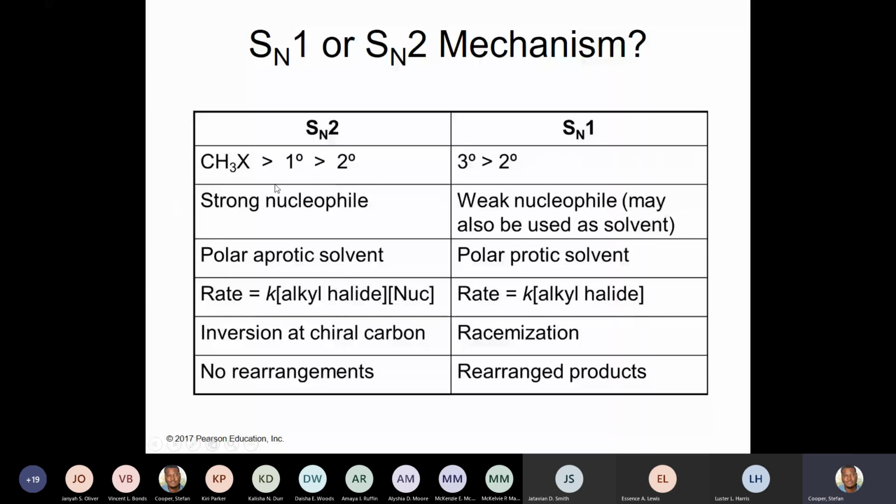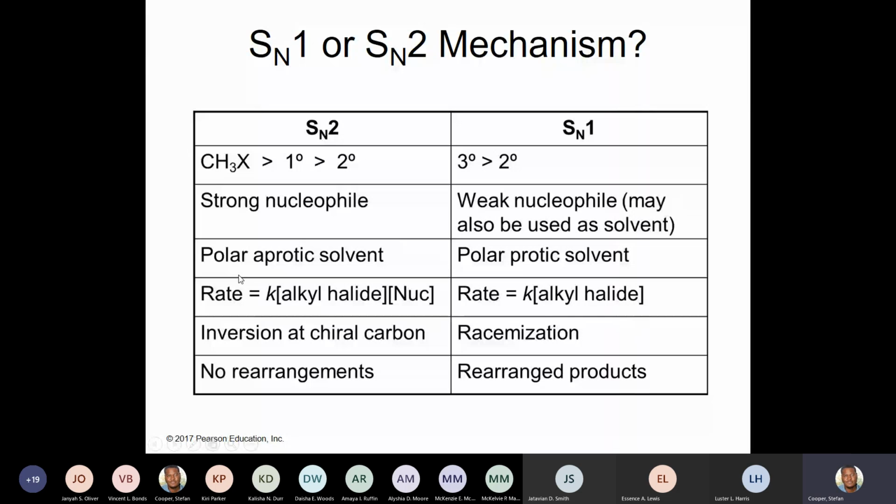The second clue is the nucleophile. For SN2, you always need a strong nucleophile. There's no way to do an SN2 without a strong one. And SN1 can work with weak, but also with strong nucleophiles as well. And remember that the nucleophile could also be the solvent. We call that solvolysis when that happens.